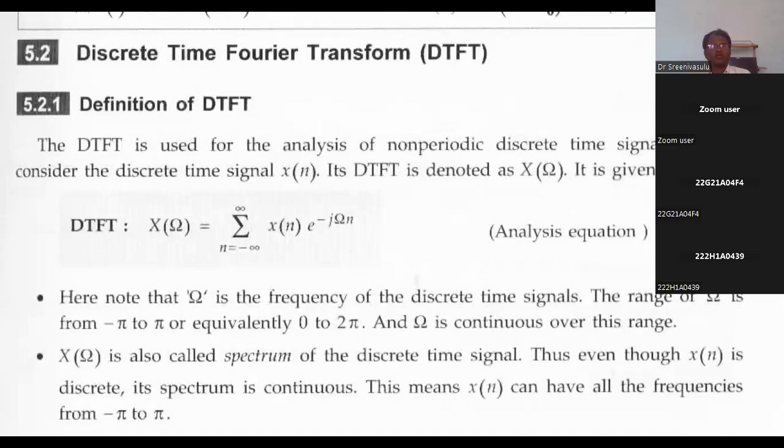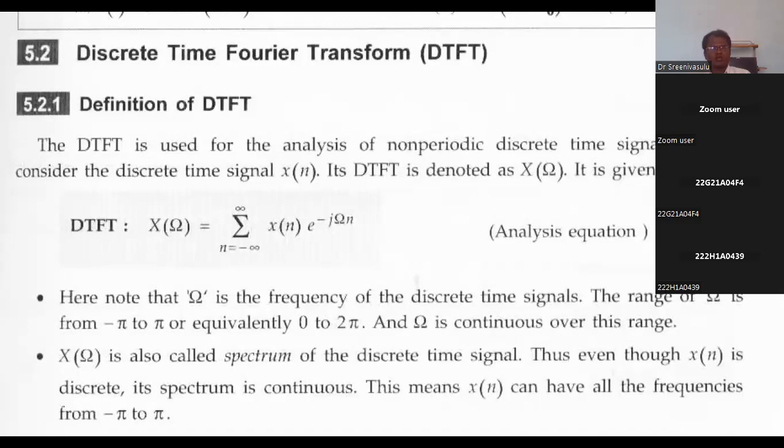All of you know the Z transform or discrete time Fourier transform are used for analyzing discrete time signals and discrete time systems. So already we know continuous time Fourier transform, in which we analyzed continuous time signals and continuous time systems.